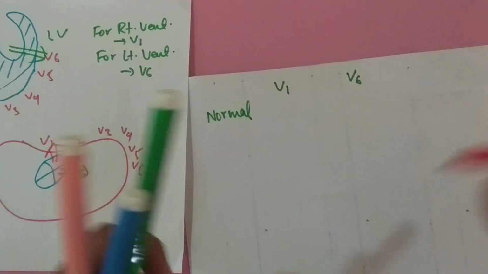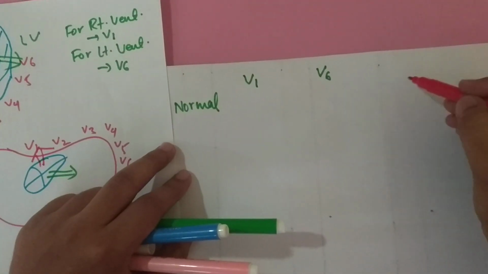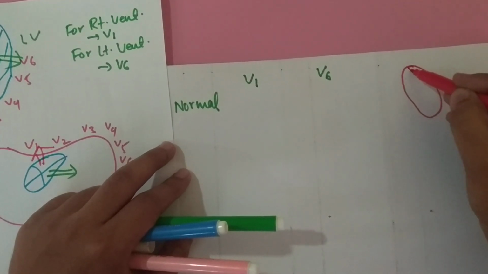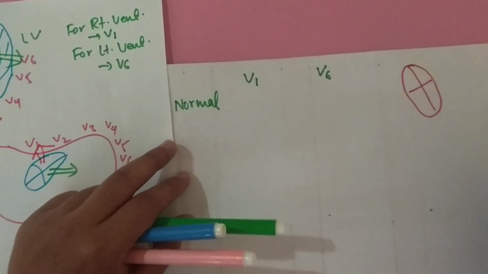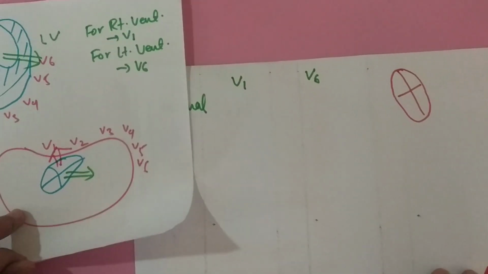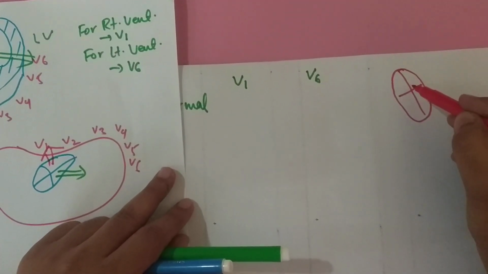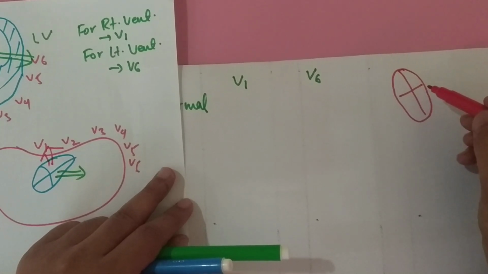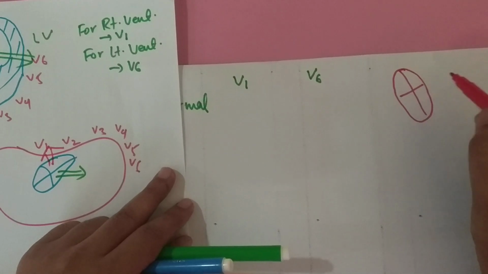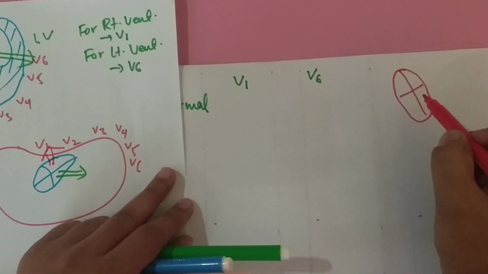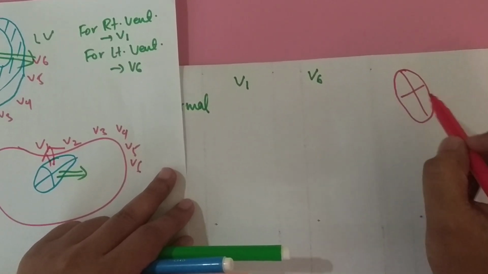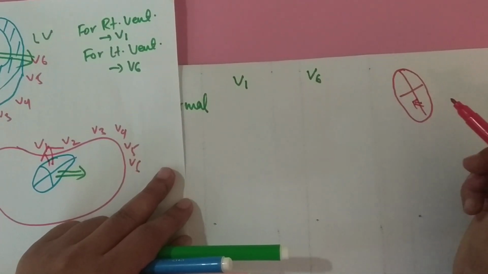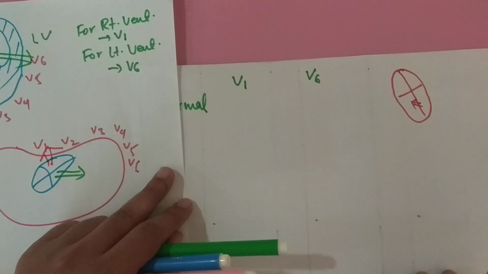Let me draw a small heart here. When the impulses travel from the bundle of His and Purkinje fibers, initially there will be septal depolarization. This will be the vector of your septal depolarization.